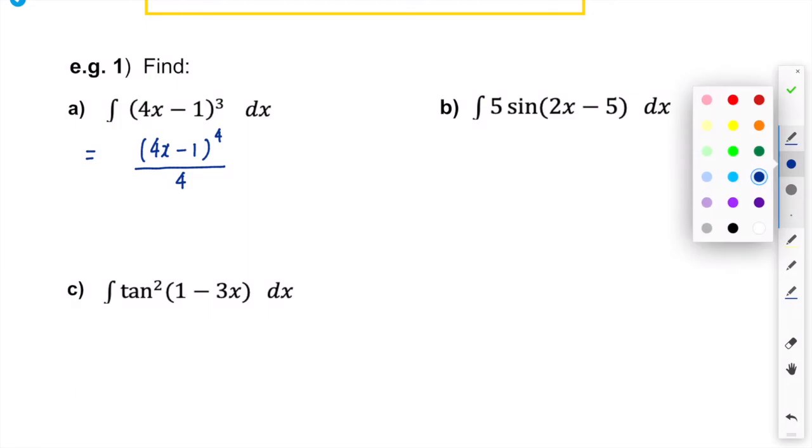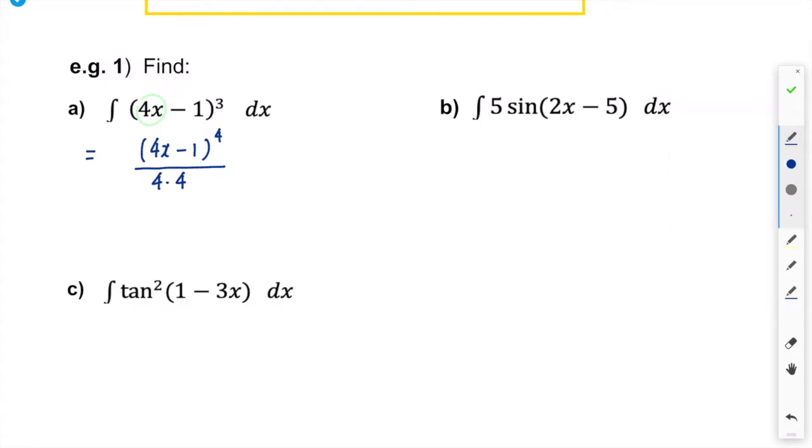Because this is a linear composite, consider the coefficient of the x term, which is 4. I need to divide my result by that number, plus c. This gives me (4x minus 1) to the power of 4 over 16 plus c.